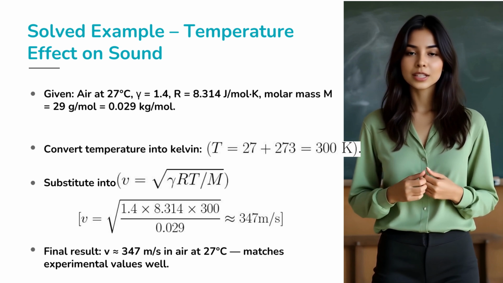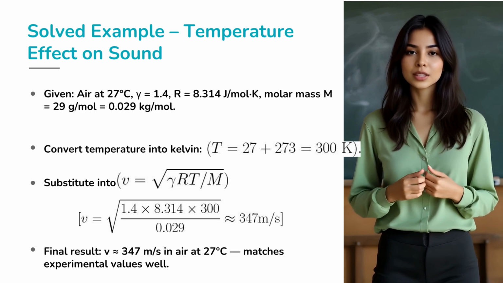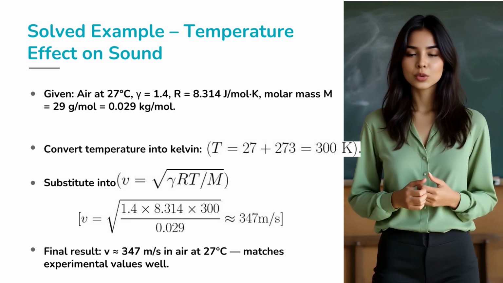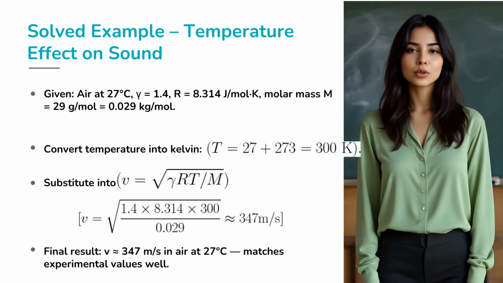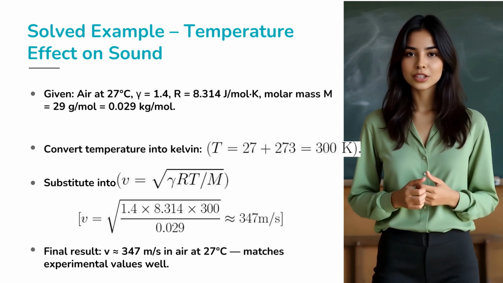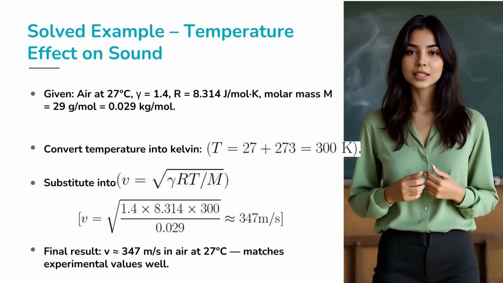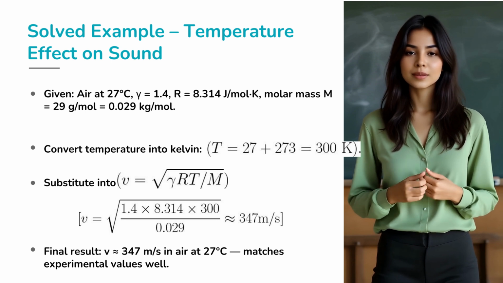Now let's plug these into the formula. V equals the square root of gamma times R times T divided by M. So, V equals the square root of open bracket 1.4 times 8.314 times 300 close bracket divided by 0.029. Calculating that gives us approximately 347 meters per second.